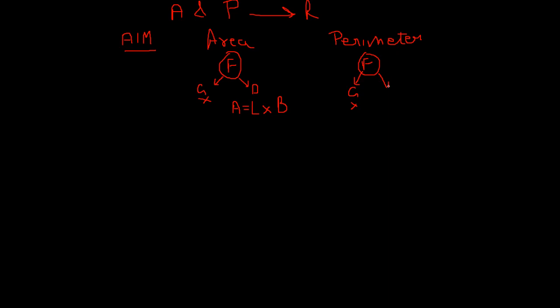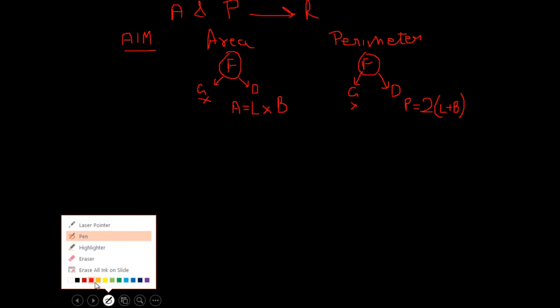Similarly, for finding the perimeter of the rectangle, the formula is also defined, and the formula is P is equal to 2 times the sum of L plus B. Okay, so this is basically the formula for finding the perimeter. Okay, so the aim part in our program is over.